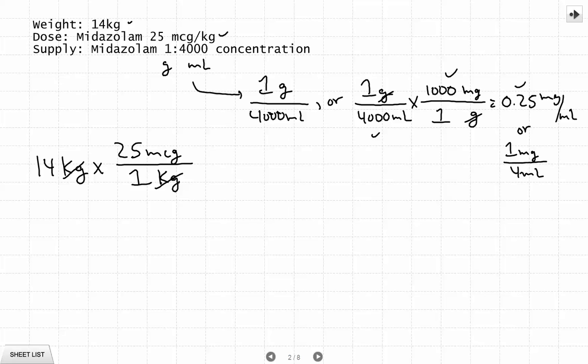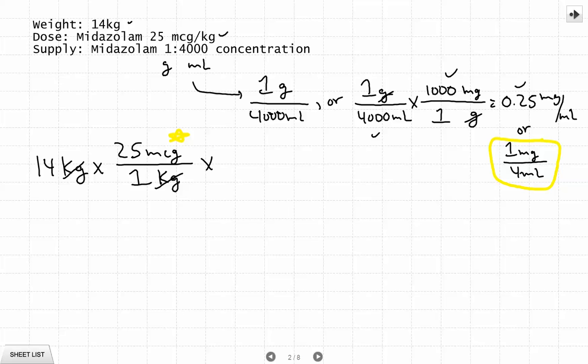But in order to use my concentration, we have our concentration over here in milligrams per milliliter. So if my concentration has milligrams over milliliters, but I'm now right here in micrograms, I do need to make a conversion out of micrograms and into milligrams in order to use the supply information.